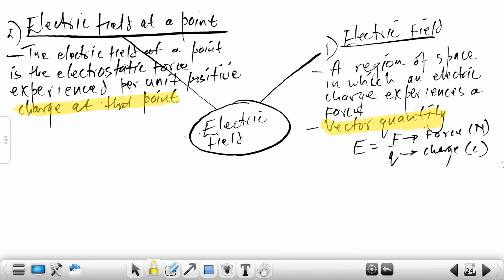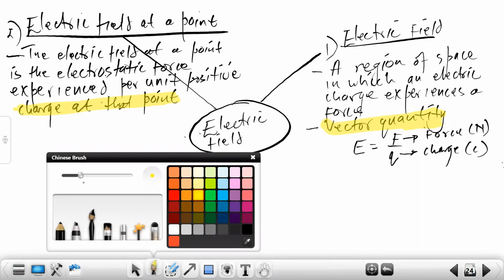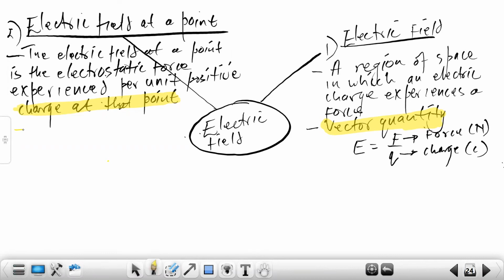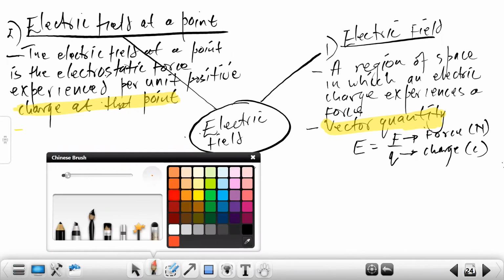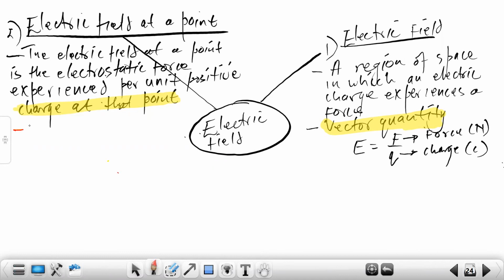So it basically says my point charge or point of reference. So my point charge, I must add it here, and maybe write it in red and say the point charge will always be positive.